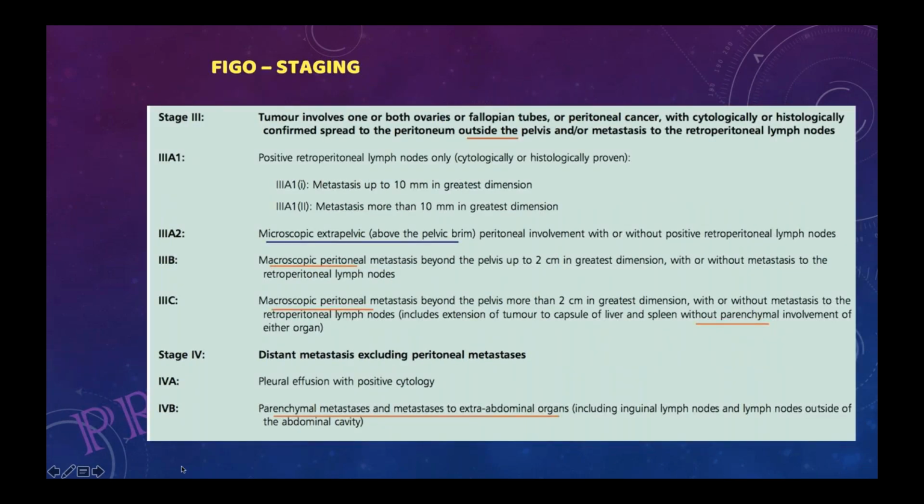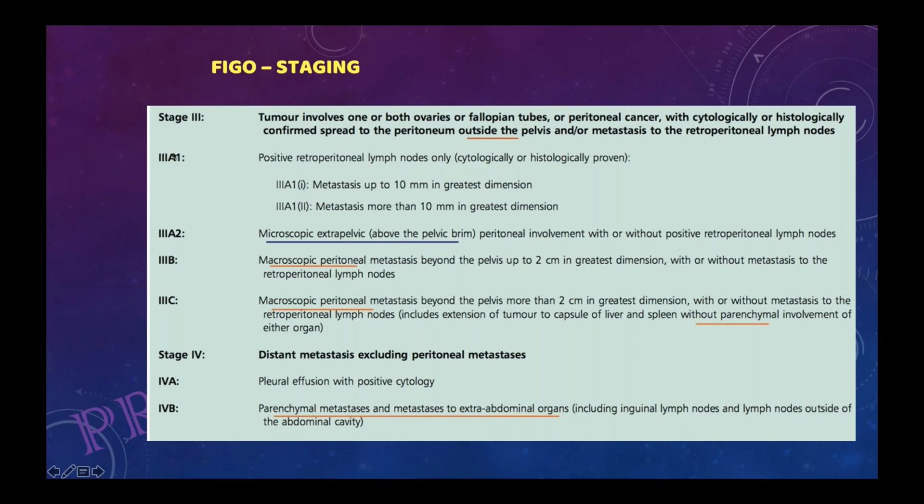Now come to stage 3. When it is above the belt, that means it has come beyond the brim, then we say this is stage 3, outside the pelvis. Now again they are creating a mess with the stage 3.